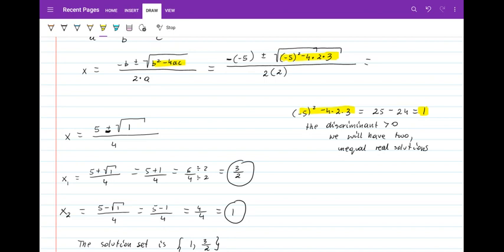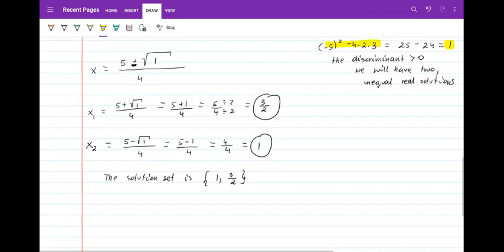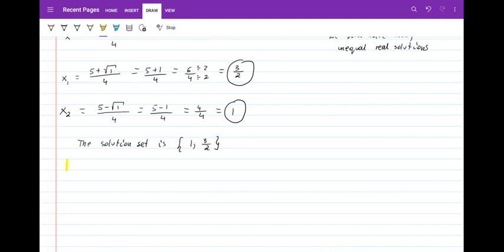I would like to do one more problem by solving quadratic equation with quadratic formula. This one has fractions. So here we have 3 over 4 x squared minus 1 over 4x minus half equals 0.